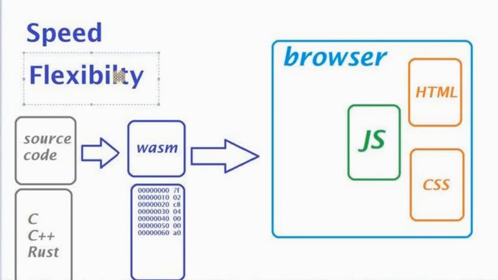And third is portability, where WASM is not just for any specific machine. WASM can be executed inside a browser, so the machine may be Windows, Linux or others; it is not dependent on the machine or OS. So speed, flexibility and portability can be given by WASM, and that's the reason why we should use WASM wherever required.